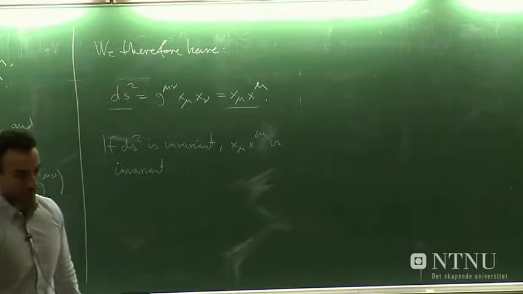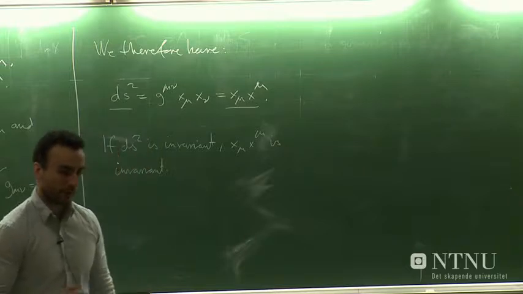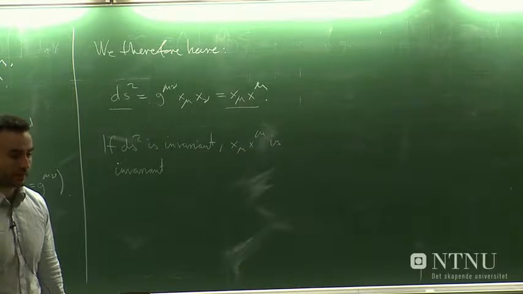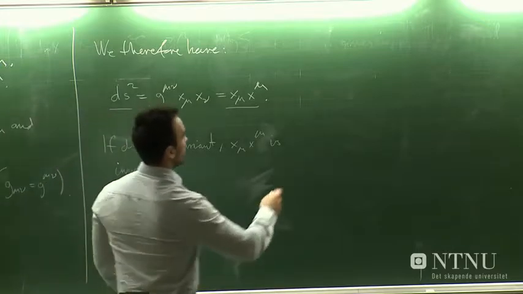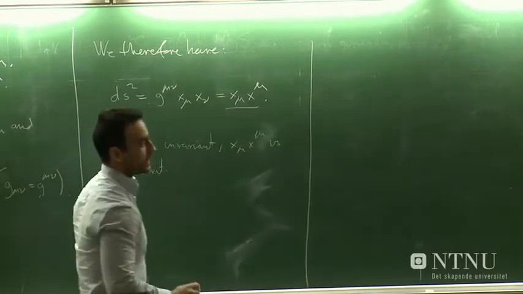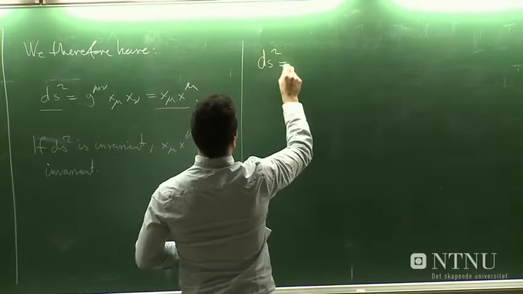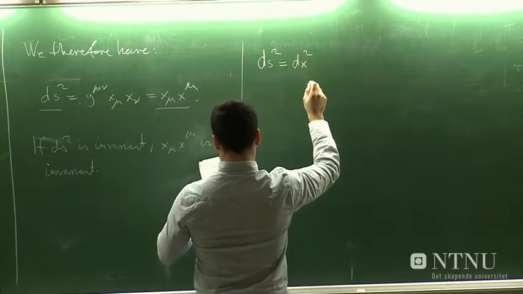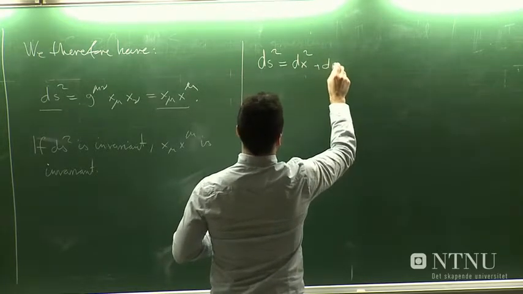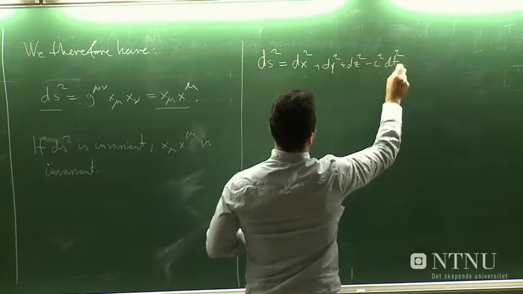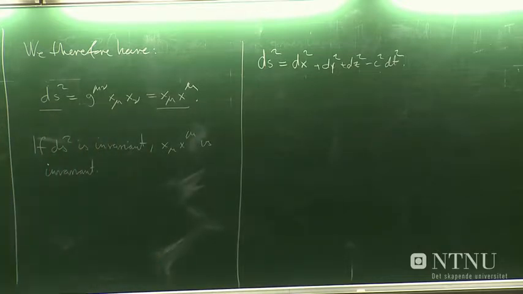Now, when we first started on this chapter, we considered the two postulates of the special theory of relativity. And one of them was that the speed of light should be a constant in all inertial systems. And we demonstrated this in particular by showing that this quantity would have an invariant form in any inertial systems.